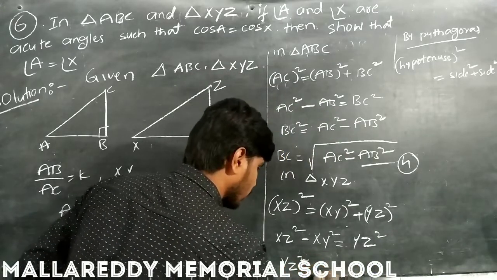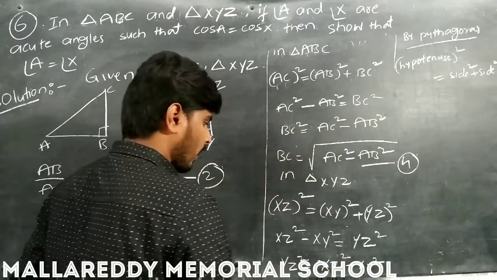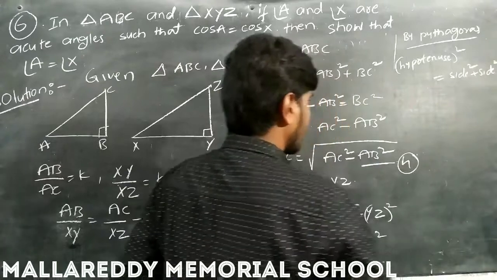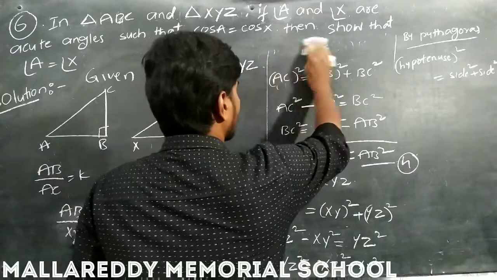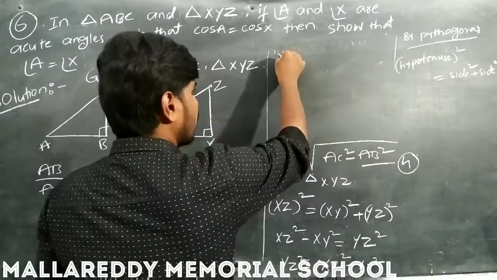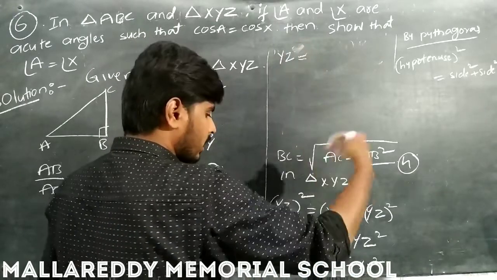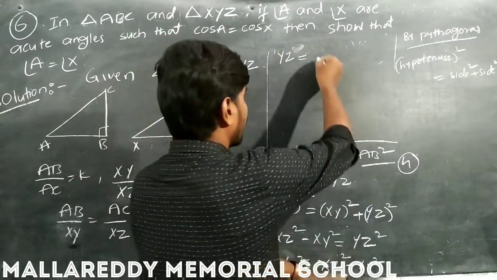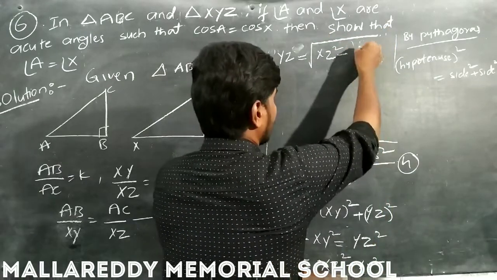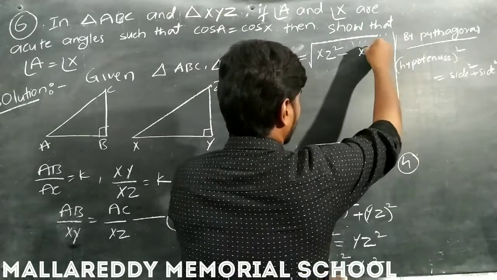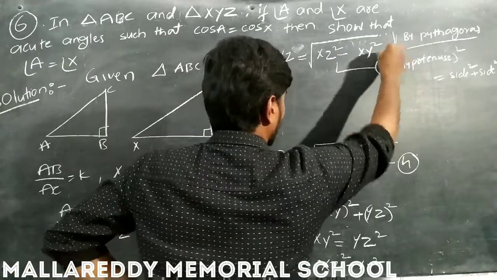YZ square is equal to XZ square minus XY square. I am going to erase this due to lack of space. The square goes to the RHS, and it becomes root of XZ square minus XY square.